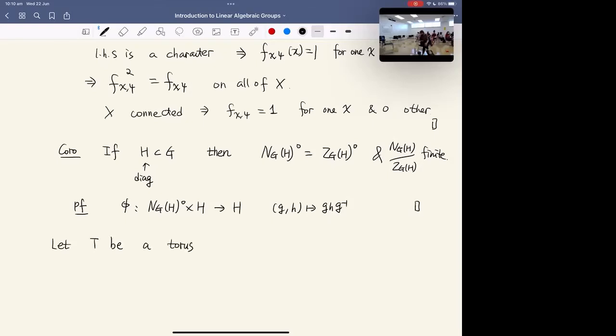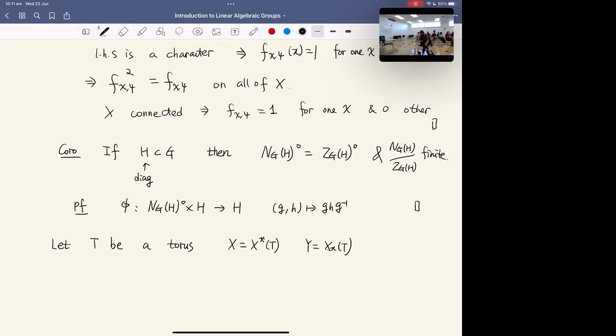Now some comments in the case of a torus. Sometimes we write X to be X upper star of T, the characters, and Y to be X lower star of T, the cocharacters.